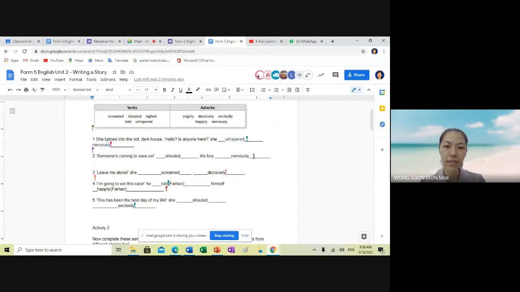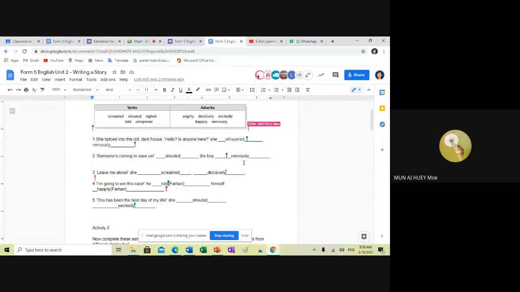Who did this one? Ai Hui, why did you write nervously instead of excitedly like Farhan said? Why did you choose nervously? Because when he shouts, he will be very anxious.